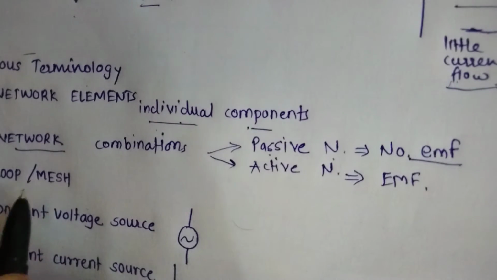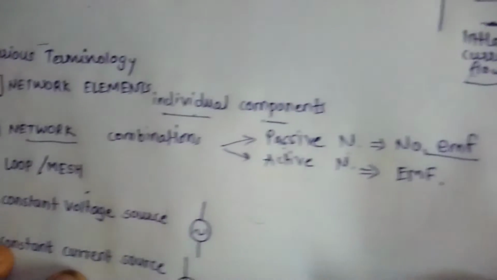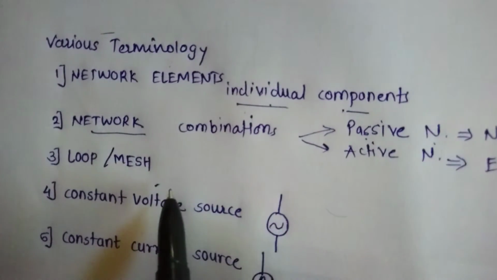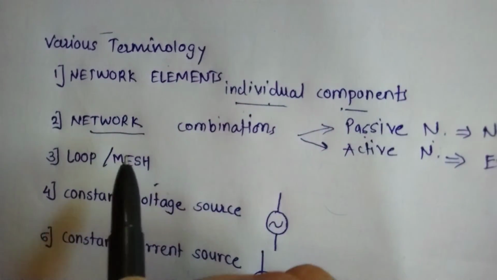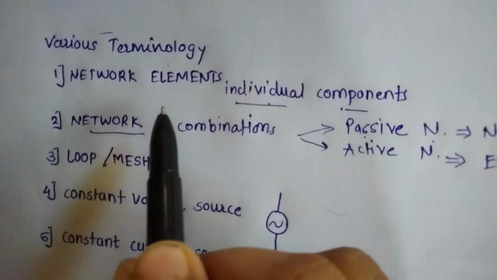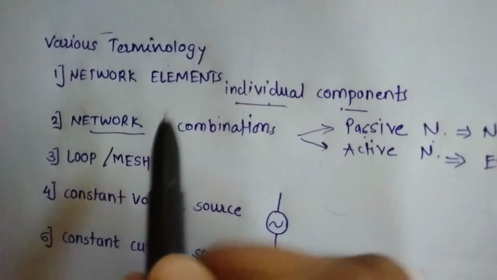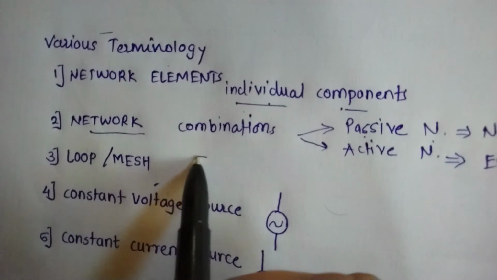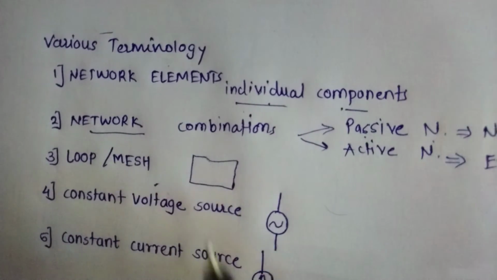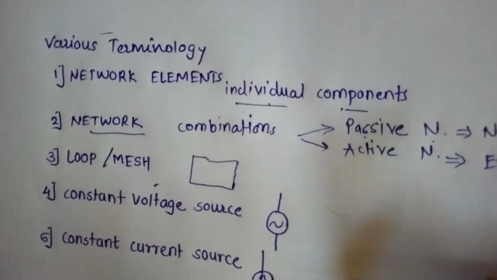Okay, so next one is loop or mesh. A loop is nothing but those individual components found in the network arranged in a closed manner.